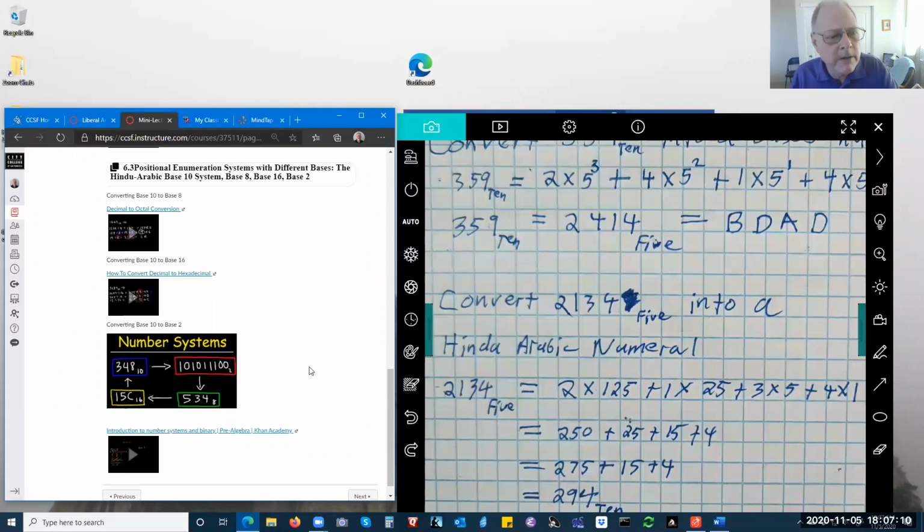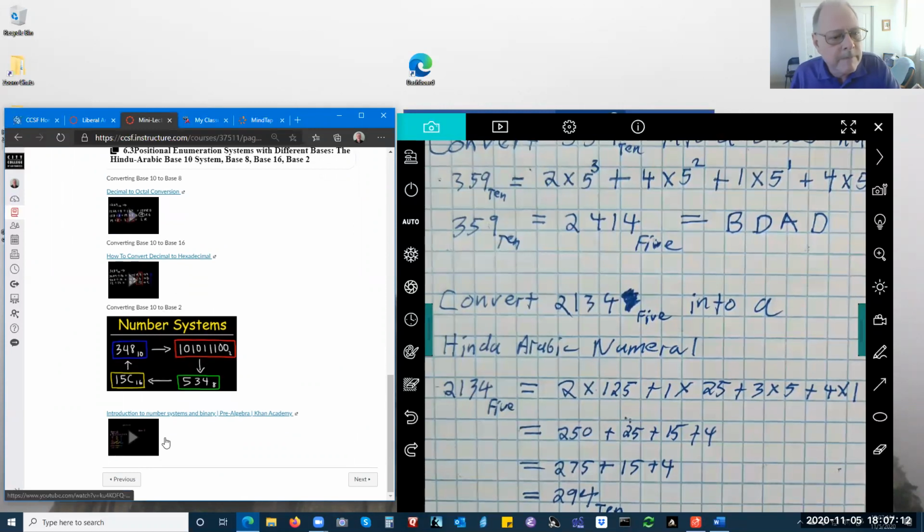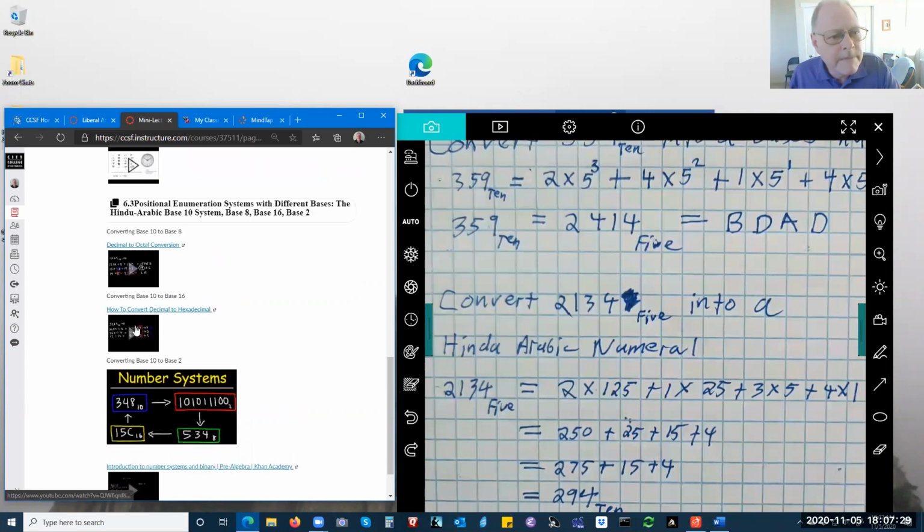Here's base 2. And a thing from Khan Academy down here on different base number systems in general. And so they're giving you kind of the same kind of explanation that I just did with base 5, but you'll see it with other people's words in several different bases, and you'll get the idea of how it works, I think. So be sure, before you try the 6.3 homework, to go and watch some of these videos.